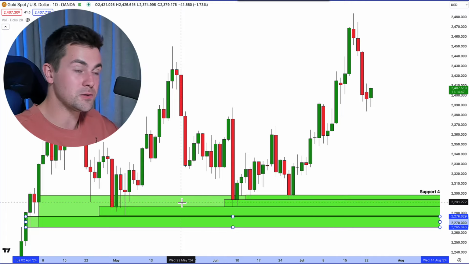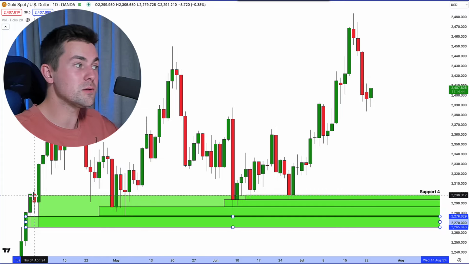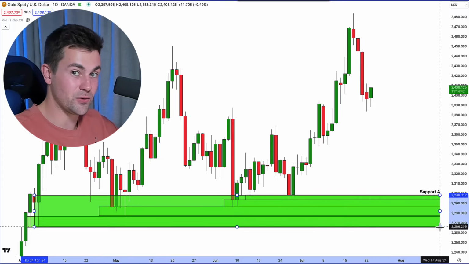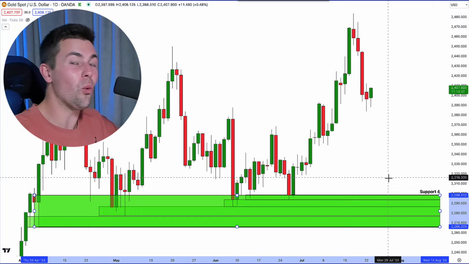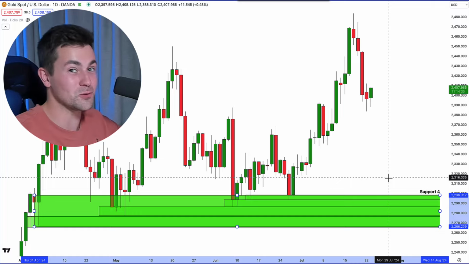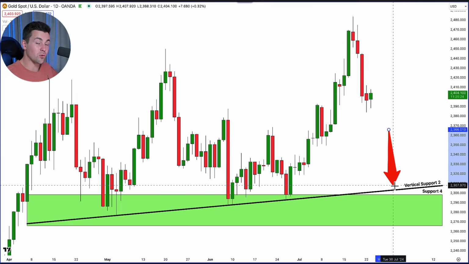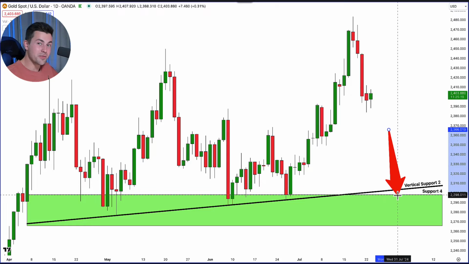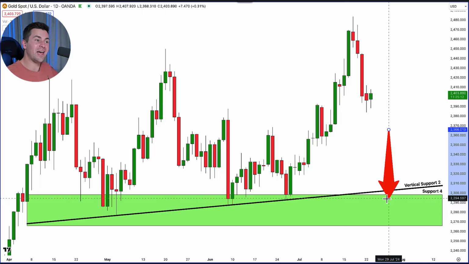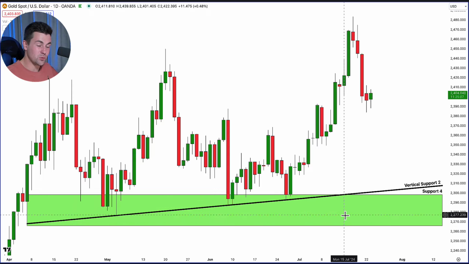In such a situation, we unite all the supports into one single area, and we call that a horizontal demand zone, or it can be just the horizontal support zone. Some of the buyers will start buying the market from that trend line, from that rising support, while other traders will start buying from that white-green support, and different buyers will place their orders at different price levels within that zone.